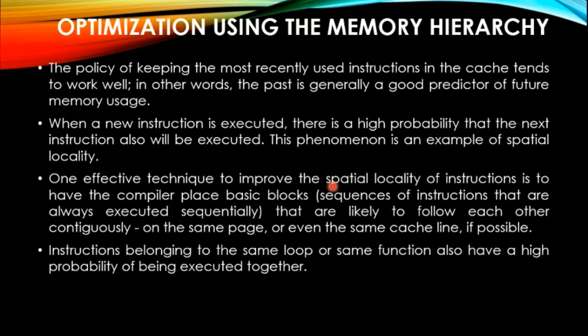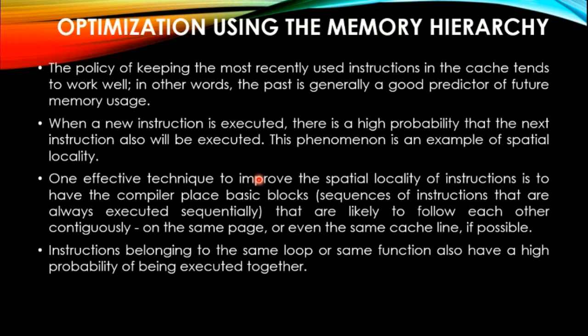Whenever we access a new instruction, once that new instruction is executed, there is a high probability that the next instruction is also executed immediately after. That's why we rarely execute brand new instructions.